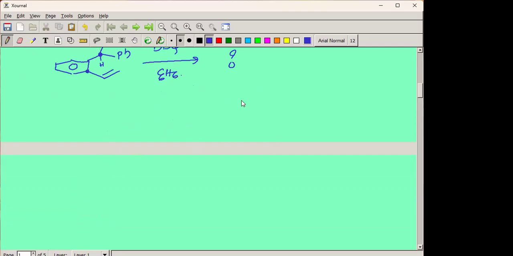So the product formation we expect is like this. Cyclization takes place in the presence of DDQ if the structure is like this.